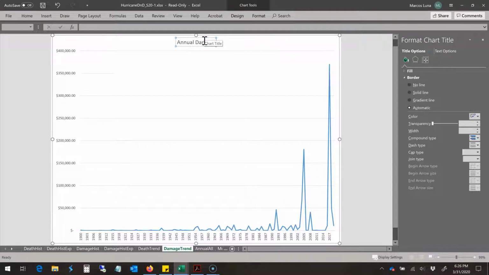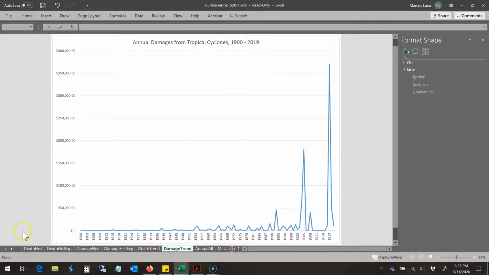Annual damages, 1900 to 2019. Okay. This one, I think we can all probably agree there's clearly an upward swing to this.